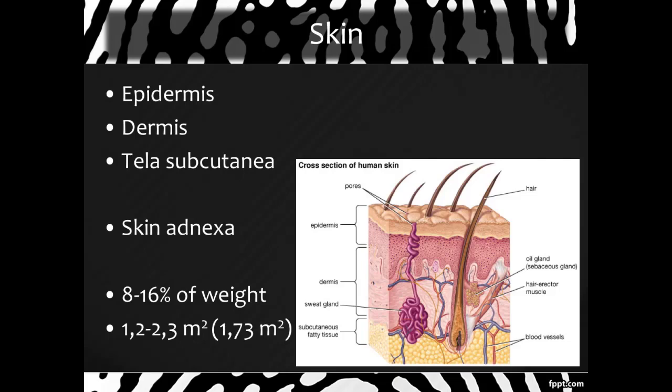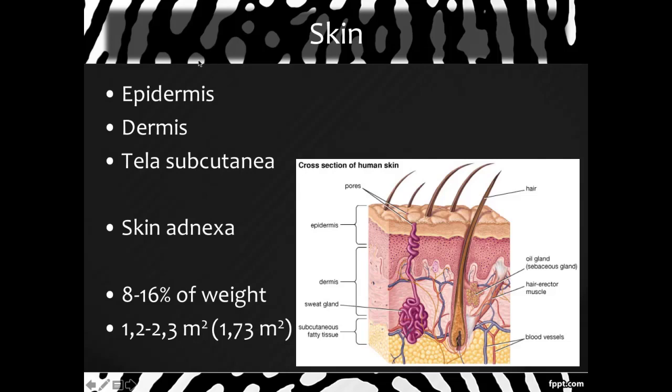This is sometimes equivalent to the subcutaneous fascia, which is described in gross anatomy, and it contains a variable amount of adipose tissue, sometimes arranged into lobules or much bigger aggregations called the panniculus adiposus. This adipose tissue is usually separated by connective tissue septa. So that's the hypodermis or tela subcutanea.